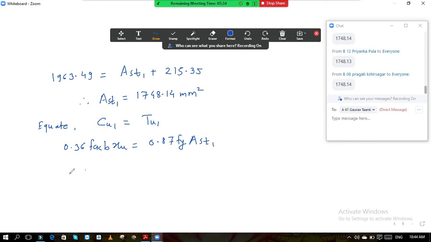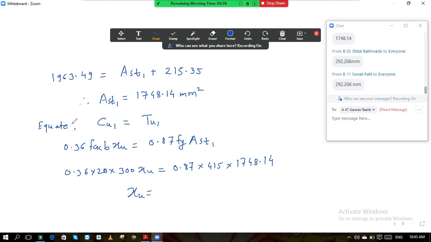So therefore 0.36 into 20 into B. What is the width of the section? It is 300. XU as it is, which is equal to 0.87 into Fy is 415 into AST1, 1748.14.